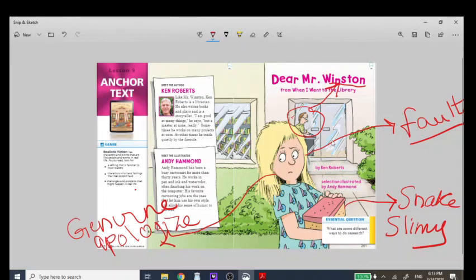Now, this Mr. Winston, we said that he is the librarian. Now, he is working in a library, and this library is a local one, right? Okay. And what do you have in a library? You have so many books. If you look here, you have so many books. And what do people do with these books? They borrow these books.